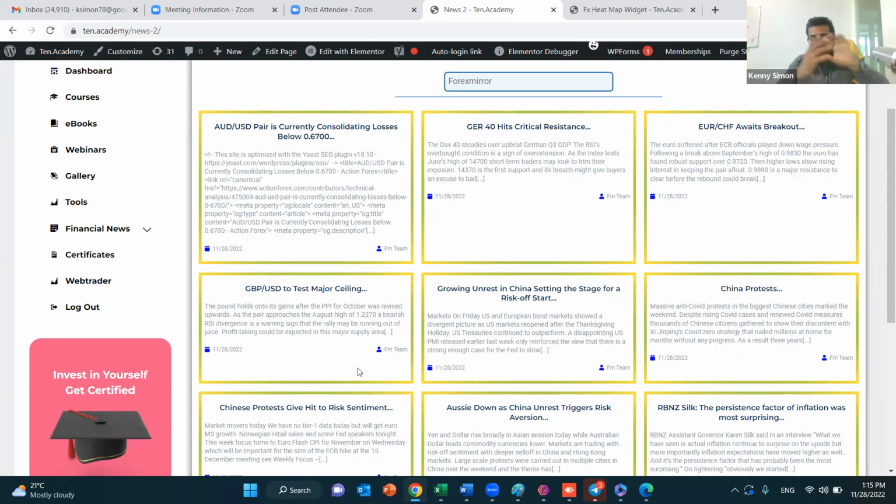The further paragraphs are not included there, but it's a summary of the first few lines of the first paragraph probably, and that itself would give you a little bit of a hint of what the focus is. Let's say if it's GBP/USD, we have got the headline first saying that it's testing major ceiling. Again, it's approaching some sort of a resistance level, signaling reversal basically.